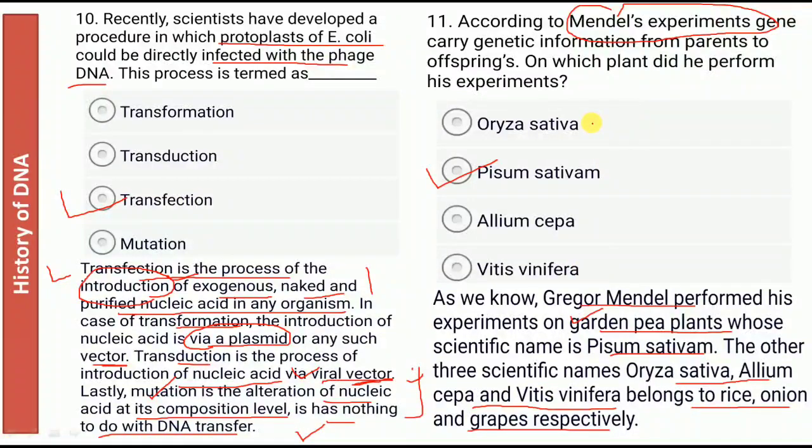Oryza sativa is for rice, Allium cepa is the scientific name for onion, and Vitis vinifera is for grapes. So Mendel performed his experiments on the garden pea plants, and the scientific name is Pisum sativum.